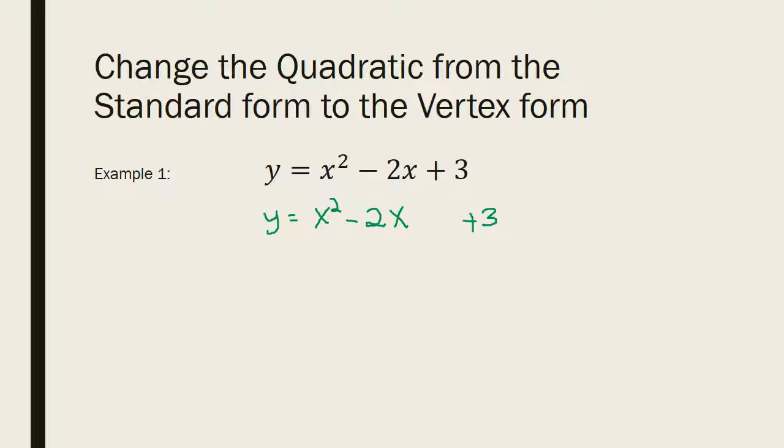Now, the number that's supposed to be in the space is half of the middle number, which is negative 2. So I have negative 2 as the middle number of the trinomial, and I need to divide that number by 2. That gives me negative 1.